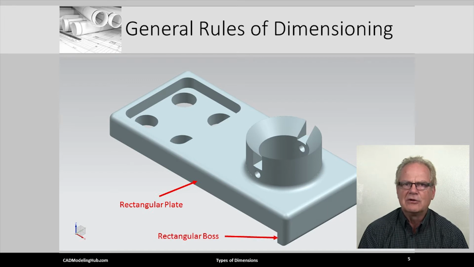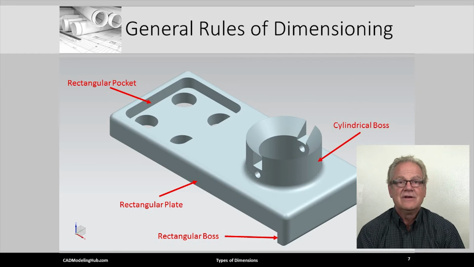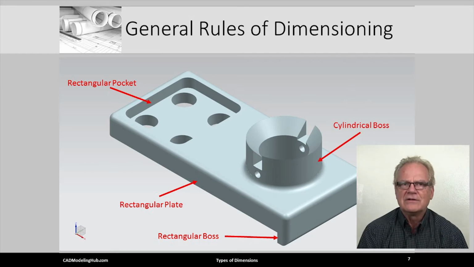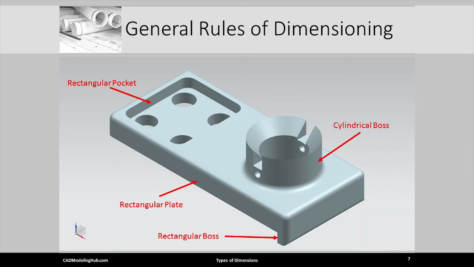A rectangular boss feature extends from the bottom of the plate. Here is a rectangular pocket feature that was subtracted from the plate feature. Next, notice the cylindrical boss feature that rises from the top of the plate feature.